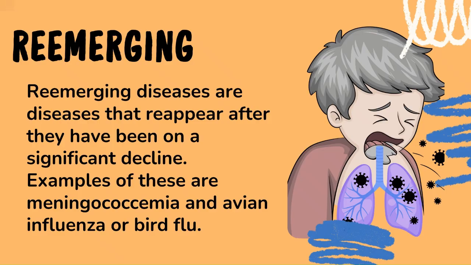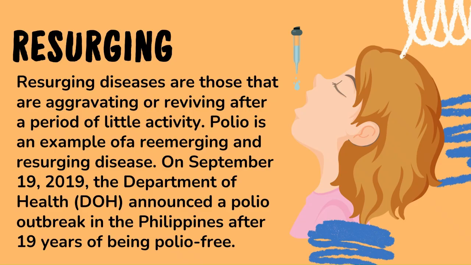The next one is the researching. Researching diseases are illnesses that were once almost gone but are starting to come back again. An example is polio, a disease that can cause paralysis and mostly affects children.